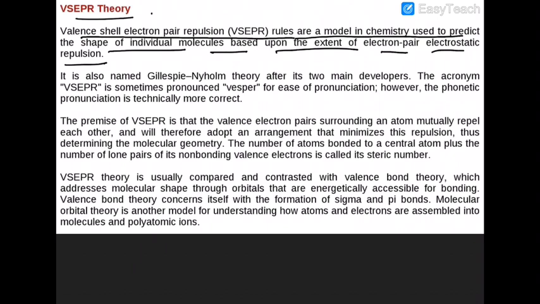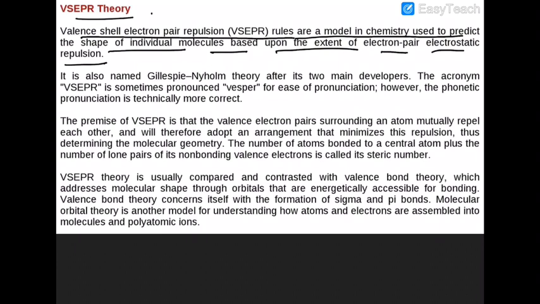In the previous class we discussed that when we talk about bonding, we take into account energy factors. The energy factor tells us that there are two types of interaction present in the molecule. One is attractive interaction, the other is repulsive interaction.